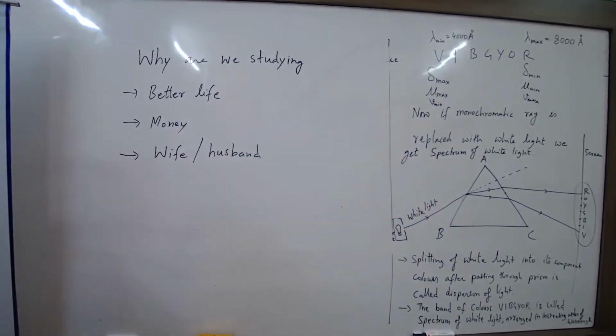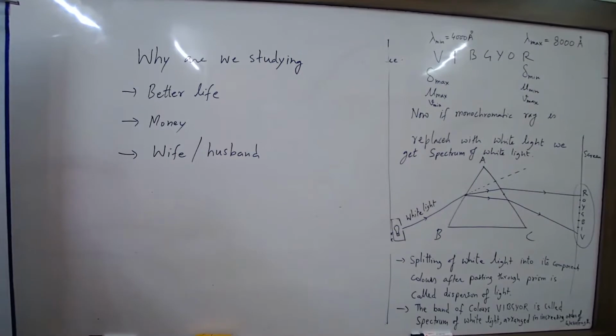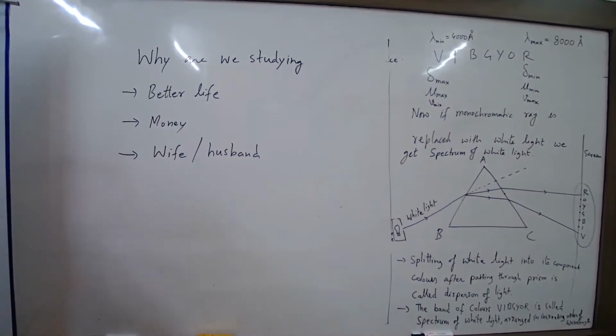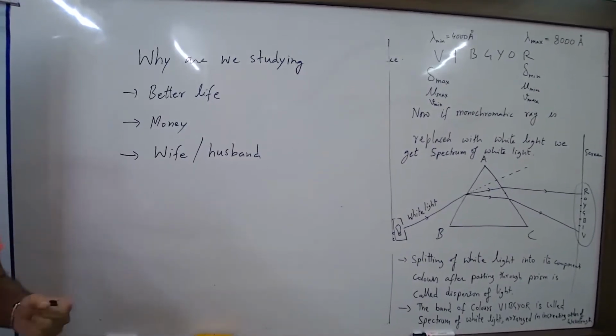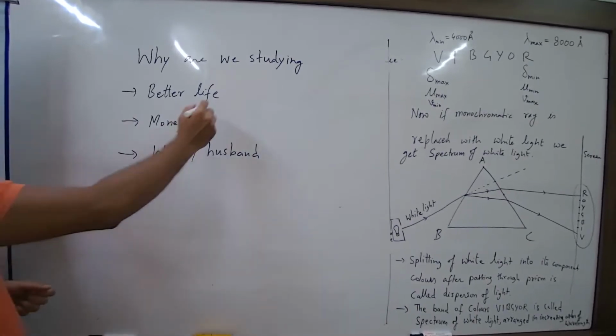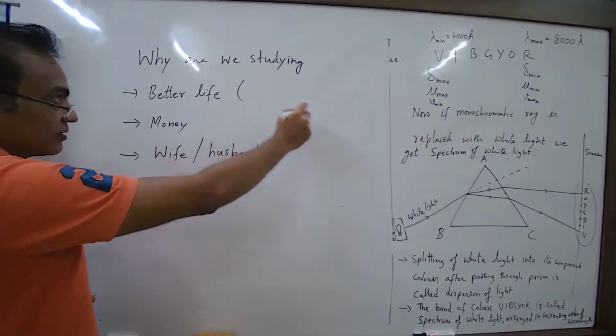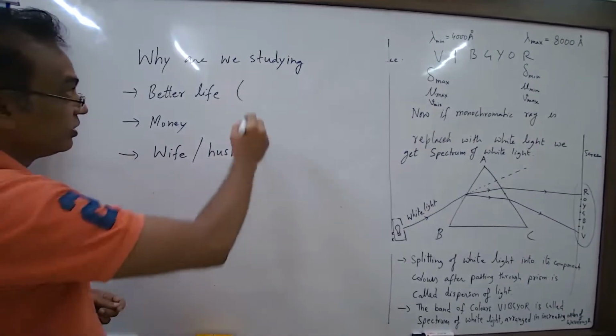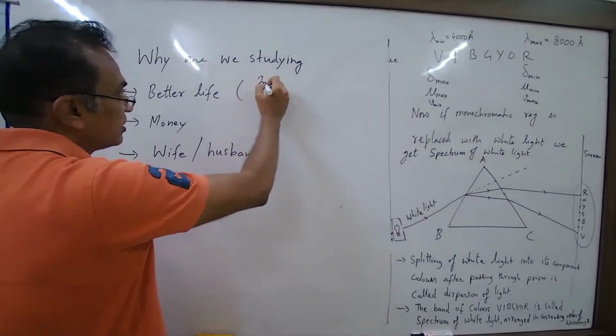If you are studying because of parents, वो गड़बड़ है. You are studying for yourself, so you should be motivated. So better life is the answer for everything, so you will grow up as informed citizens.